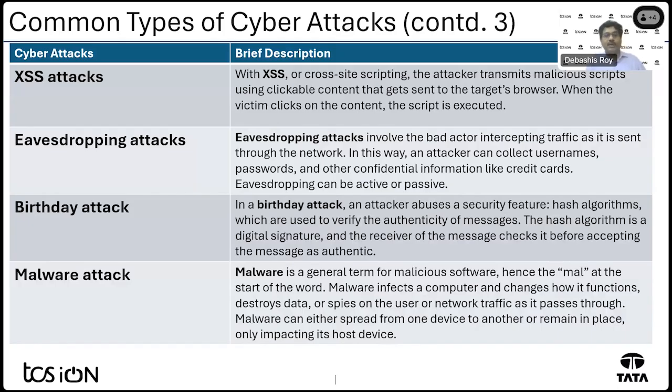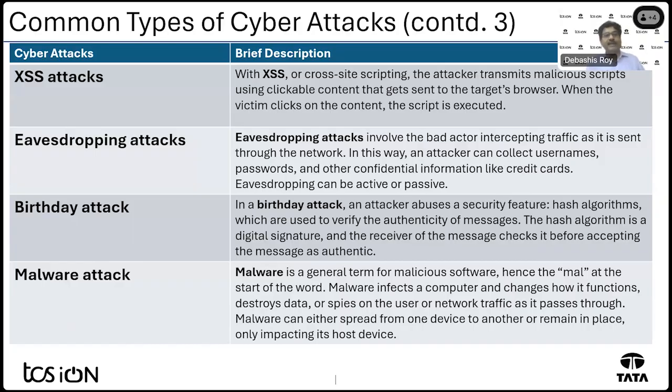In a cross-site scripting attack, what happens is there is a link being given. You click that and the attacker transmits a malicious script. And once the link is clicked, it is sent to the target's browser and the script is executed while hacking the system, modifying the data, stealing passwords, whatever.